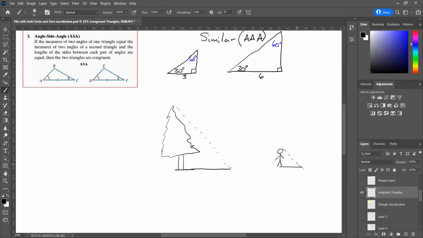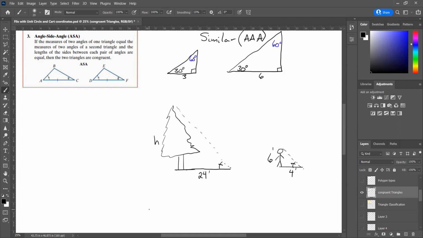The angle made with the end of our shadow and the top of our shape is always the same at any given time. And so if maybe I'm 6 feet tall and my shadow is 4 feet long, and I can measure the shadow of the tree to be 24 feet long, how tall is the tree?